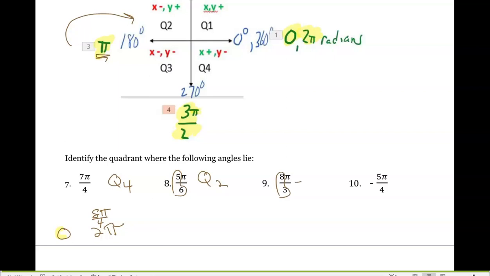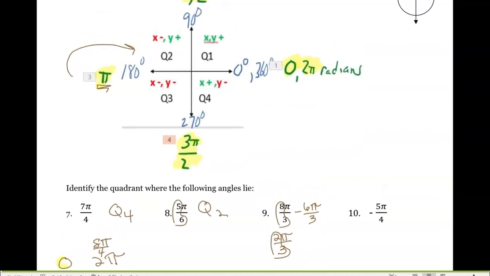I could subtract 6 pi over 3, which gives me what? 2 pi over 3 for the angle. So this is 2/3 of pi. 90 degrees is half of pi. That puts this angle in quadrant 2.